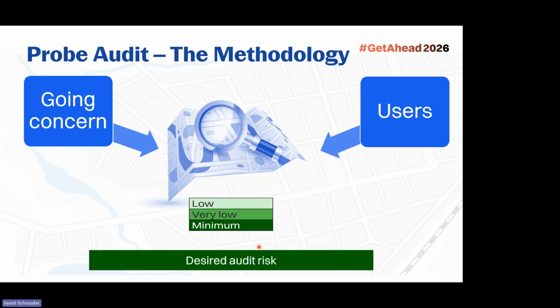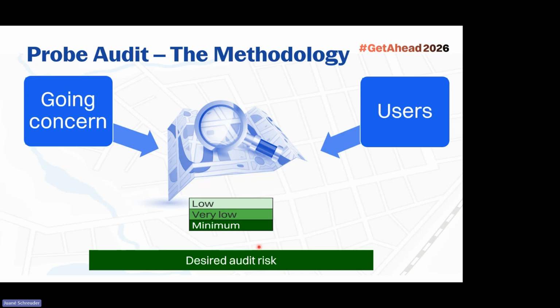So the desired audit risk is determined right at the start of the audit, in the planning documents, when we start to say, what is the desired audit risk that I would be happy with to sign off the audit opinion, to say I've reached a low enough, acceptably low level of audit risk, which is the wording from the standards, to sign off this audit report.